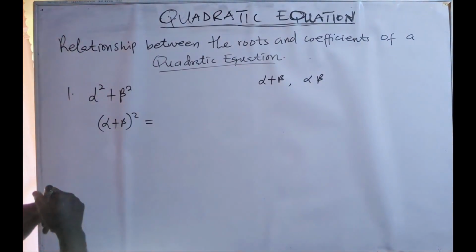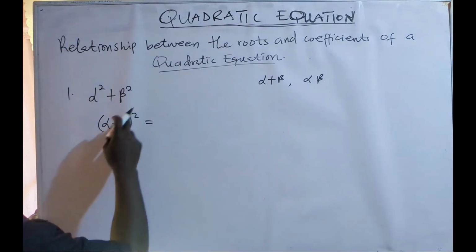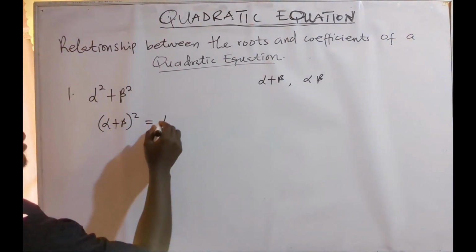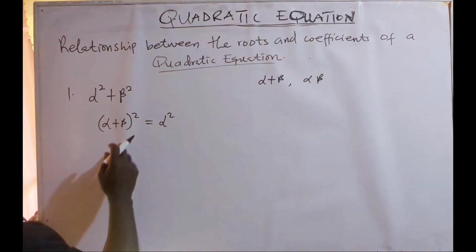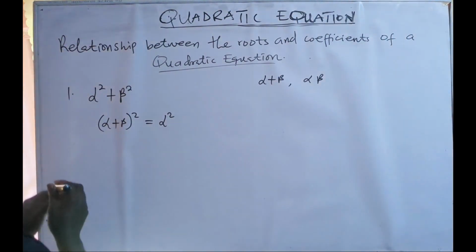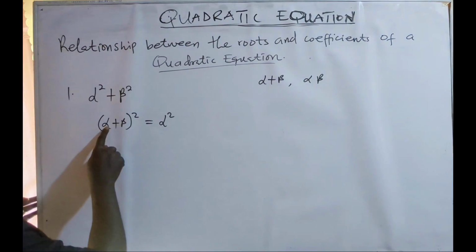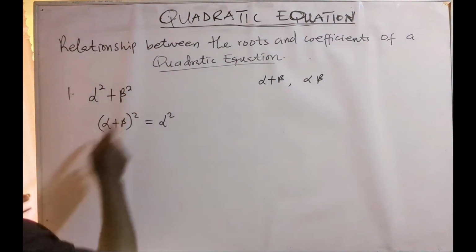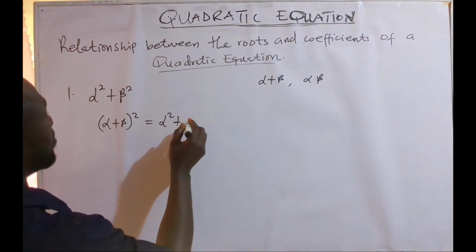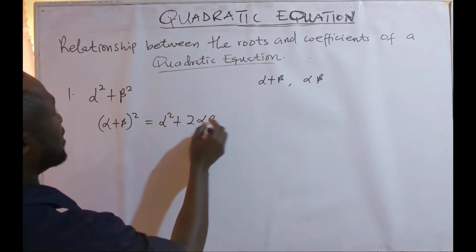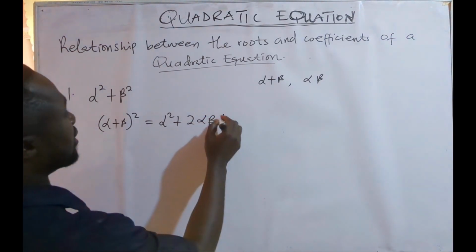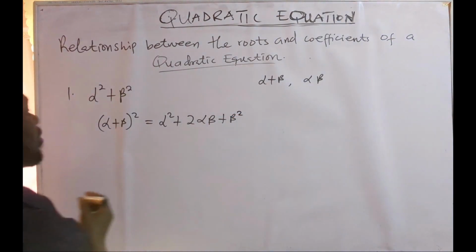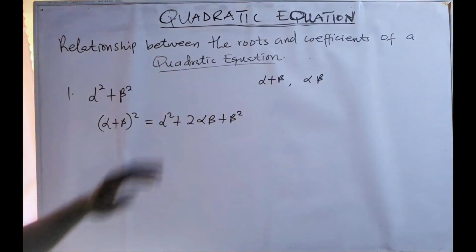So alpha plus beta all squared can be written as alpha squared, then I multiply alpha by beta, then by 2, which gives 2 alpha beta. Then I also square the beta. This is the expansion of a binomial, the square of a binomial.